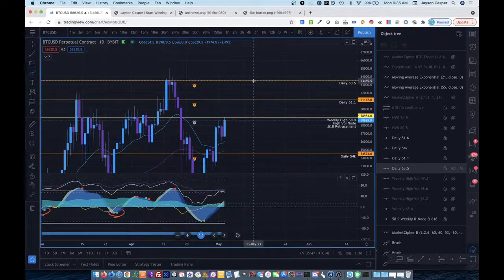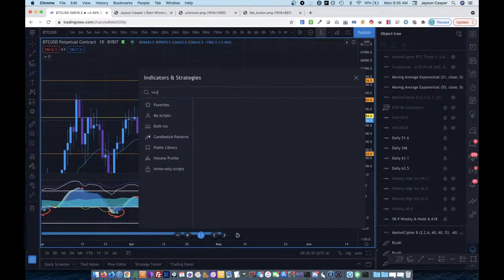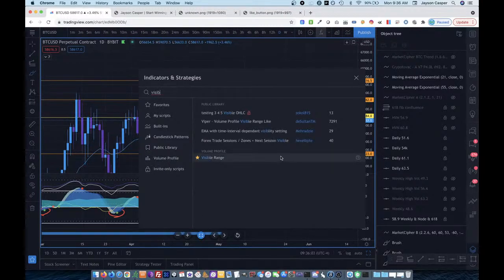Let me go into the chat. Yes, the VPVR is a free script, guys. So if you go to indicators on TradingView and type in visible range, this is it. Make sure to star it. I don't know if it's available in the free TradingView.